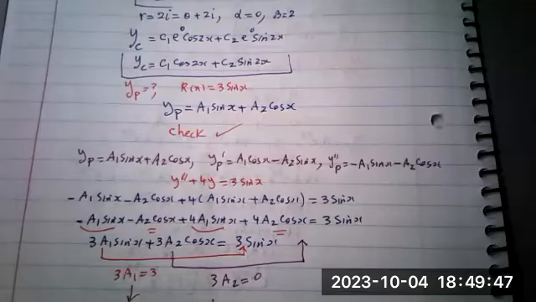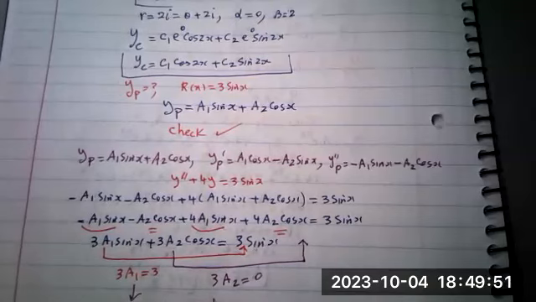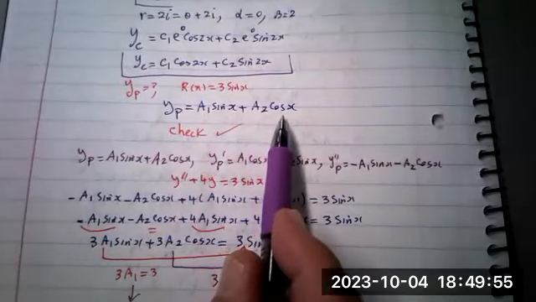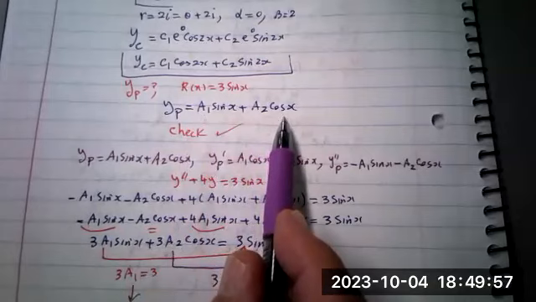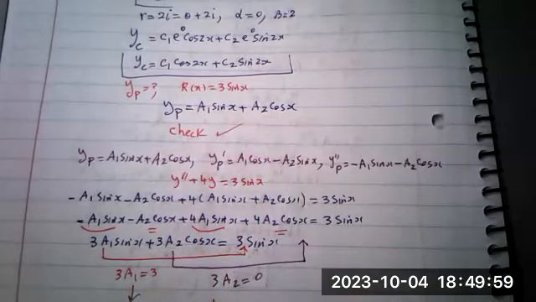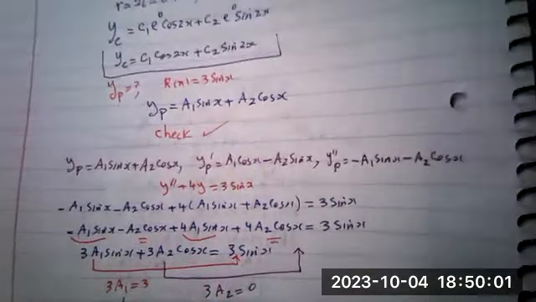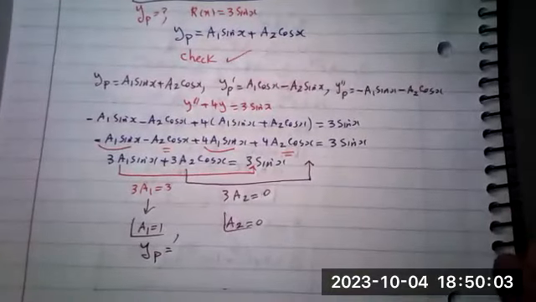Those coefficients are like the polynomial that we did. So we go back and we get the yp. Remember the yp was A1 sine plus A2 cosine.